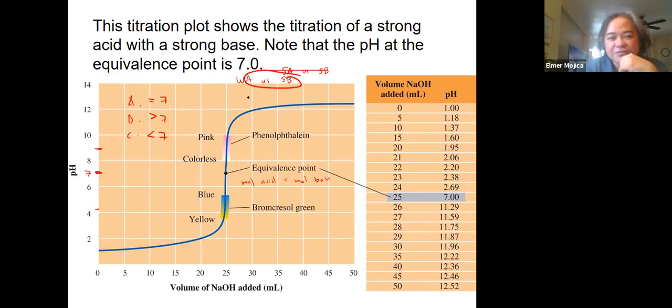Or what will happen if you're going to titrate, let's say, a strong acid versus a weak base? So what will be the equivalence point? So if it's strong acid versus strong base, it's equal to 7. But what happened if it's between a weak acid and a strong base? Where is the equivalence point? Anyone?